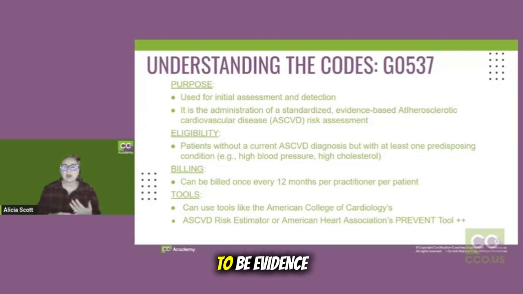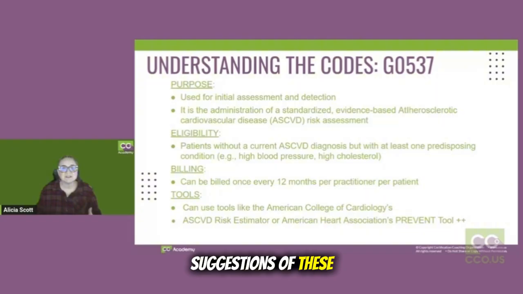This is required to be evidence-based for ASCVD. Now, we do have a couple suggestions of these tools, but you can't just use the G0537 without stating that this tool or this assessment was applied. It's not going to be reimbursed without doing that.